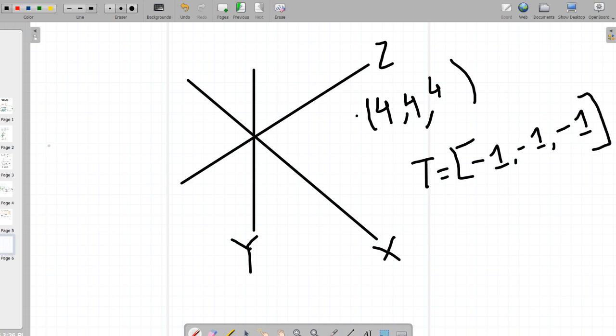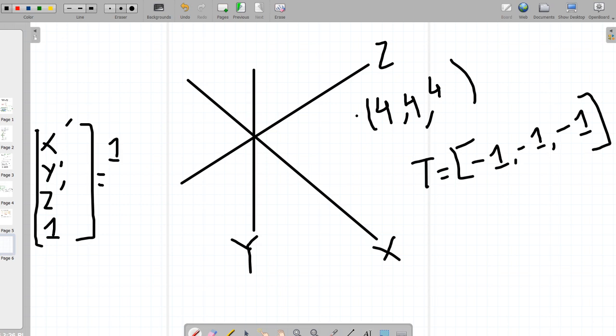So you can do it in two ways. Let me do it mathematically. X dash, y dash, z dash, 1 equals to. Now you have to place the translation matrix 1 0 0, then tx. Tx is -1, this -1.